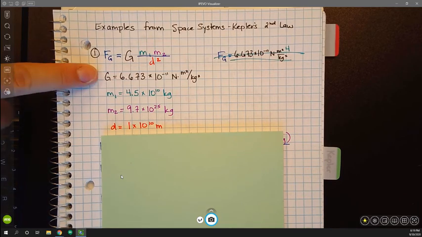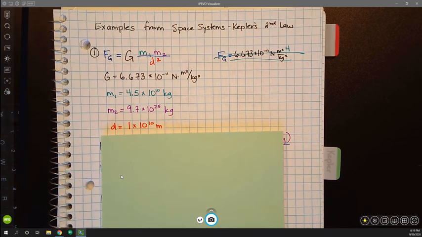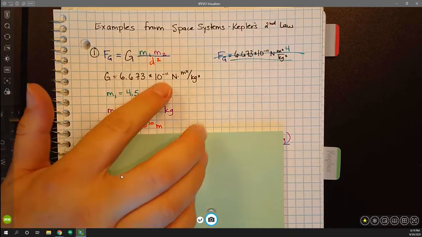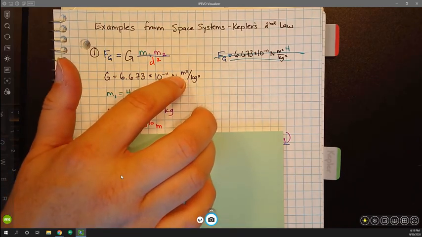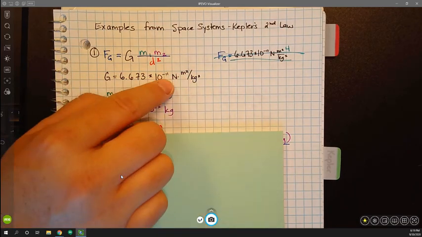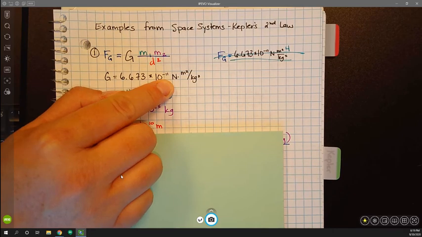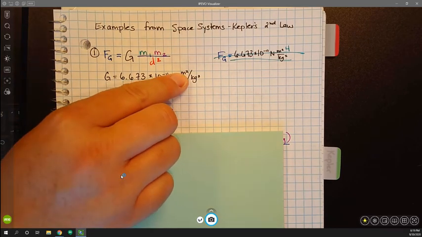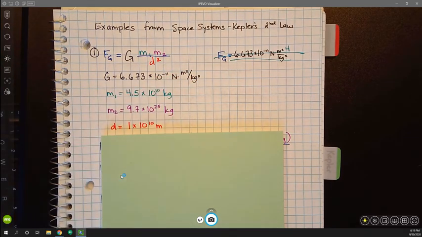So we know that the gravitational constant is 6.673 times 10 to the negative 11th newtons times meter squared per kilogram squared. This is a unit, newtons times meter squared per kilogram squared. A newton is a unit of force, just like a meter is a unit of distance and a kilogram is a unit of mass. Okay?